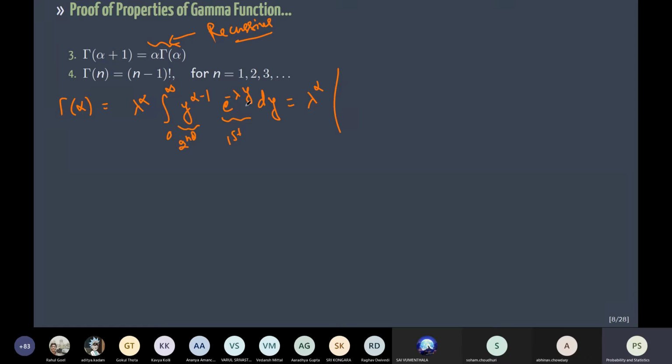The first function is e to the minus lambda y, into the integration of the second, which is y to the alpha by alpha, evaluated from 0 to infinity. Minus the integral of the differentiation of the first, which is minus lambda e to the minus lambda y, into the integration of the second, y to the alpha by alpha, dy, from 0 to infinity.